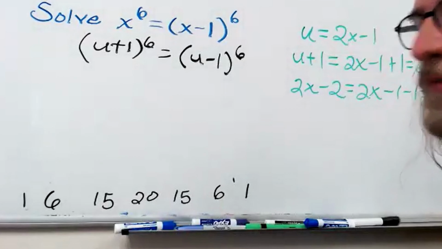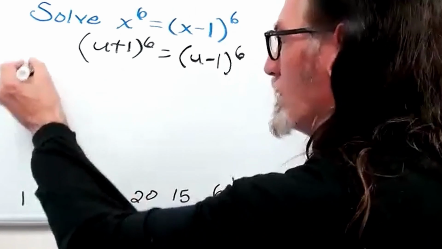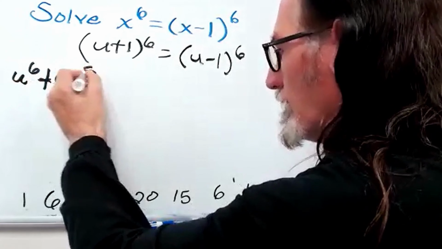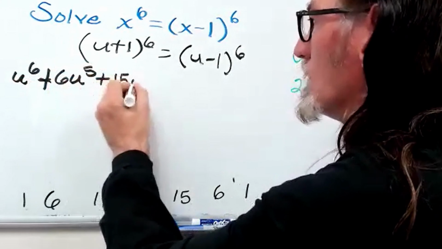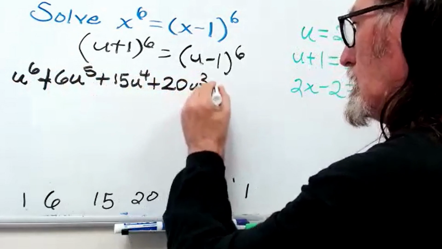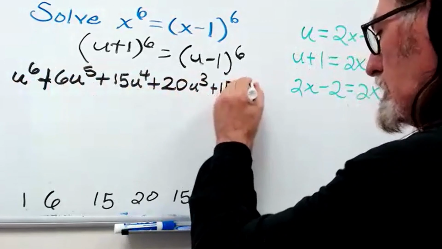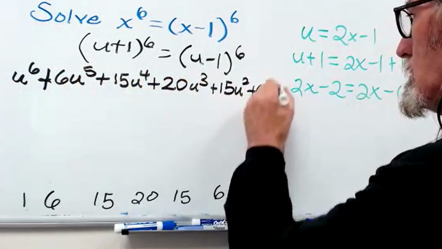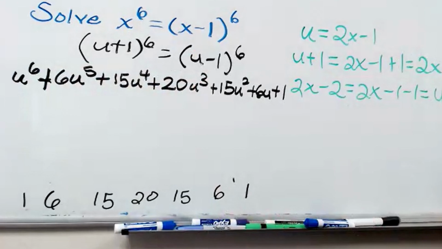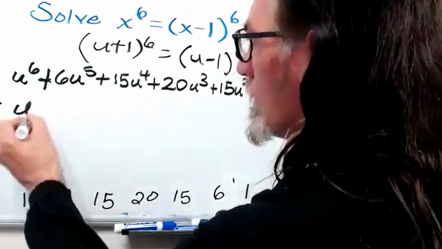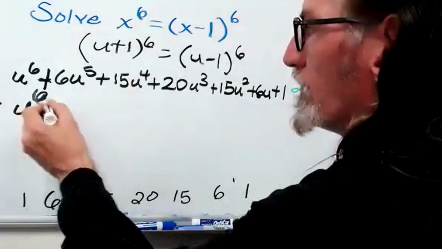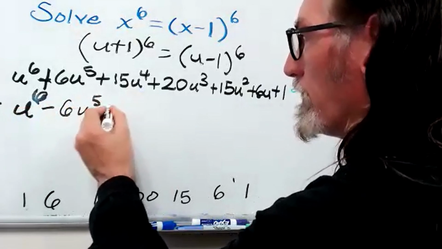So u plus 1, all of that raised to the 6th power: we've got u to the 6th plus 6u to the 5th plus 15u to the 4th plus 20u cubed plus 15u squared plus 6u plus 1. With that equaling u minus 1, that quantity raised to the 6th power. Everywhere that there is an odd power of u, we'll have the opposite sign for the coefficient.